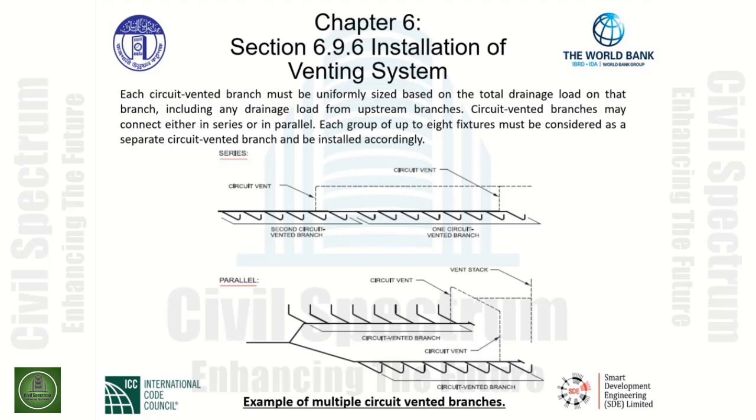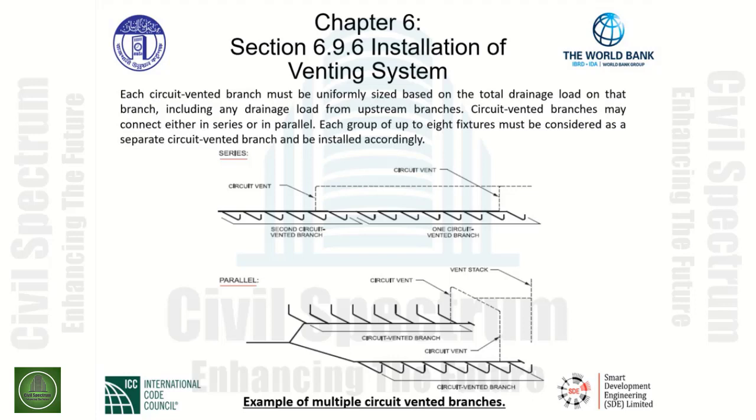The parallel circuit vented branch is indicated as such, where we have two separate horizontal branches that discharge a battery of water closets. They are ultimately connected back into a horizontal branch that will get discharged, possibly to a soil stack.